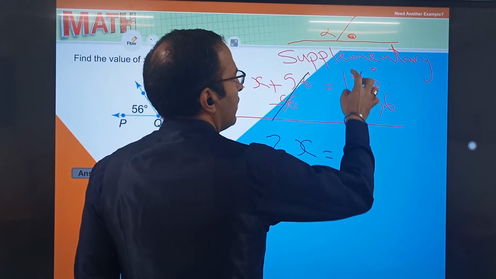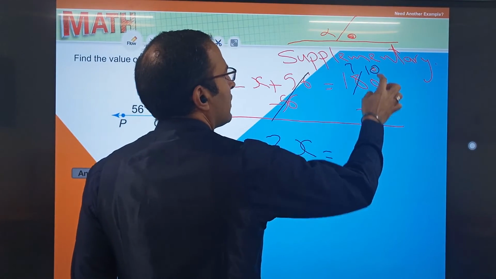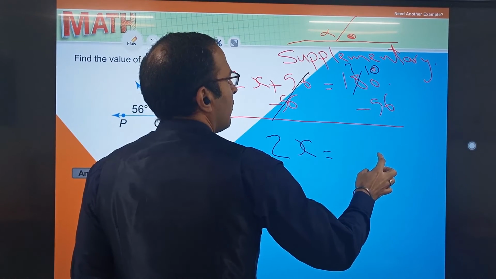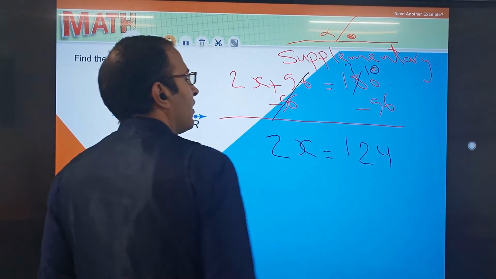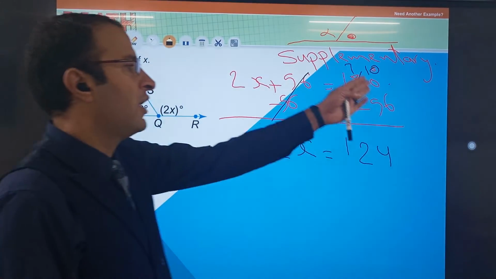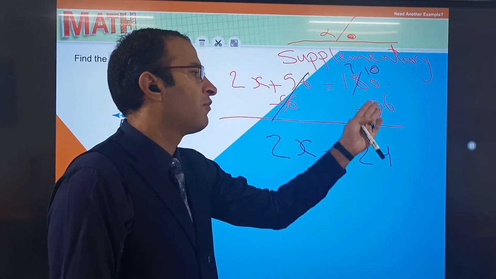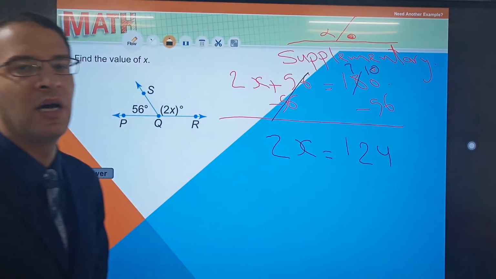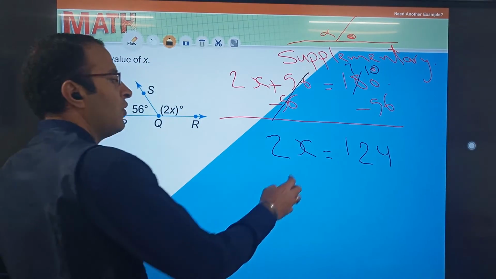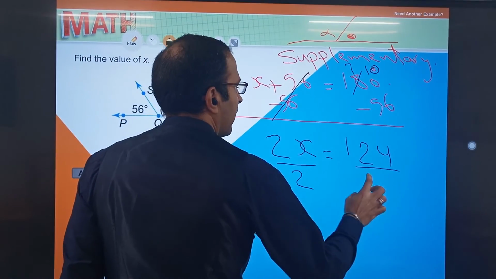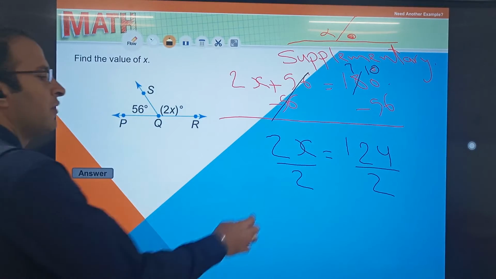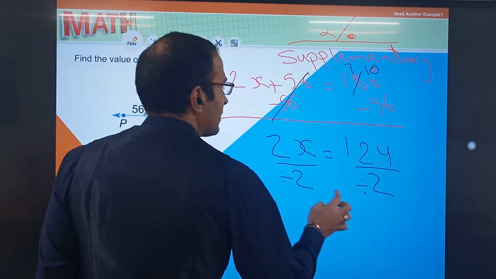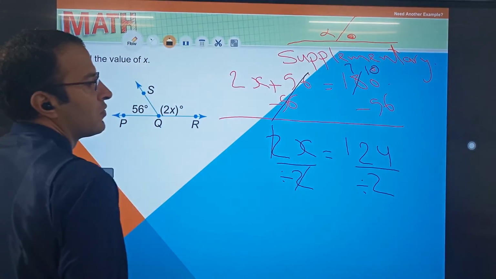So we will put 1 to be 7 and this one 10. 10 minus 6 equals 4, 7 minus 5 equals 2, and 1 comes down. After that, I will divide both sides by 2. 2 cancels with 2.